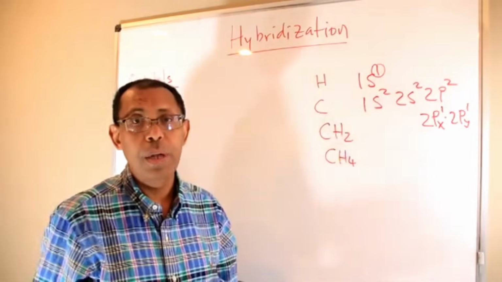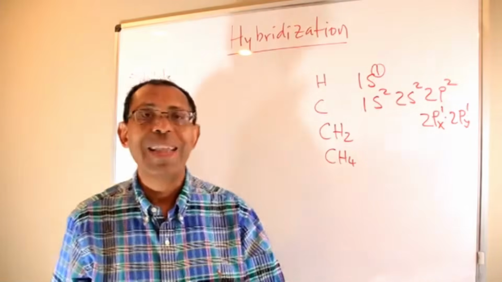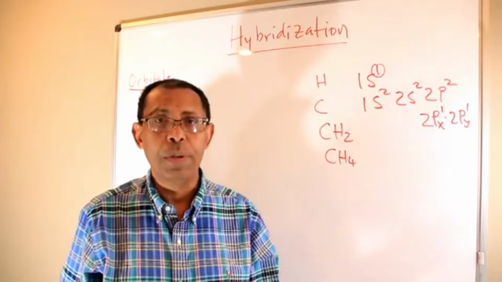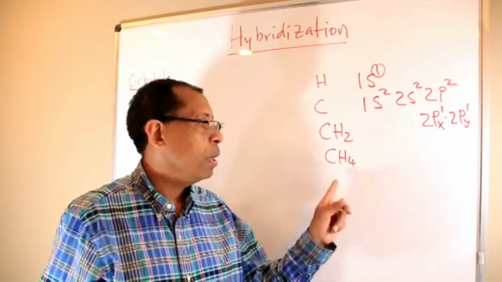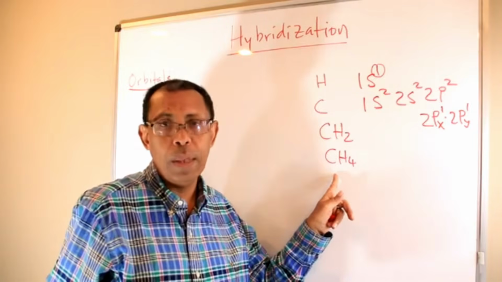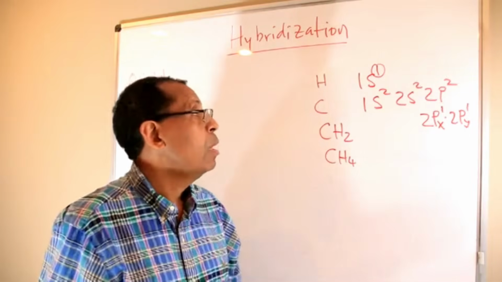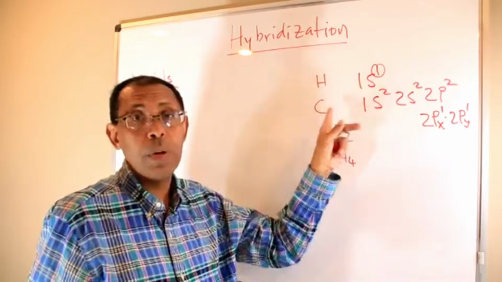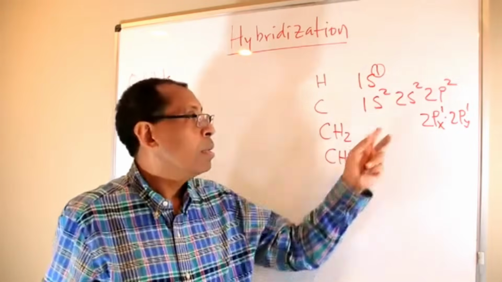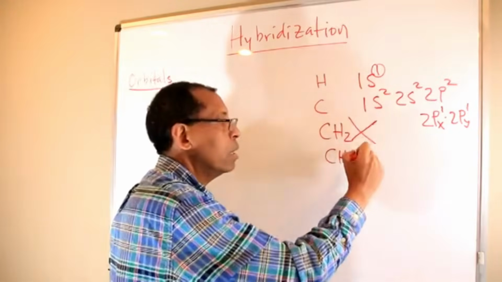So hybridization is a concept where you are mathematically expressing how the orbital overlap happens, and the bond is made and is stable to form a tetrahedral methane compound. It's not just the orbitals found in each atom that make the bonding without any hybridization. So CH2 doesn't exist, CH4 exists.